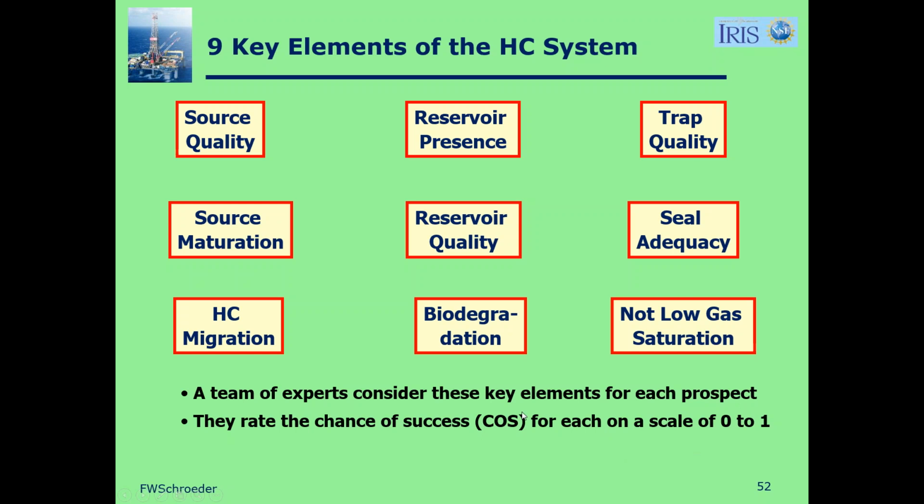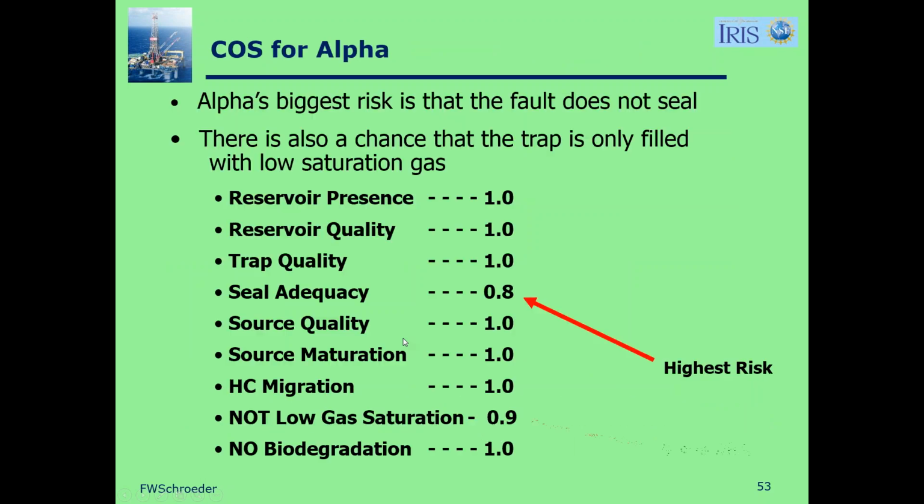A team of experts will look at the key elements, give each of these 9 factors a score between 0 and 1, and then you multiply those all together and come up with a chance of success.